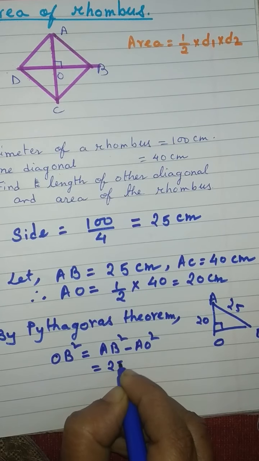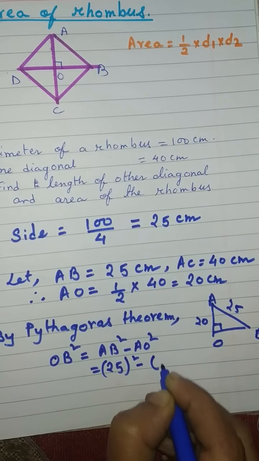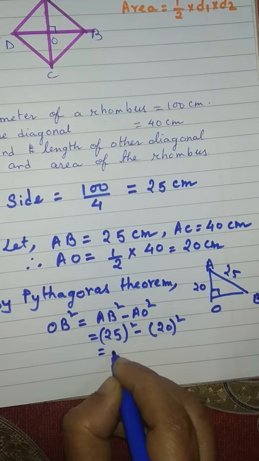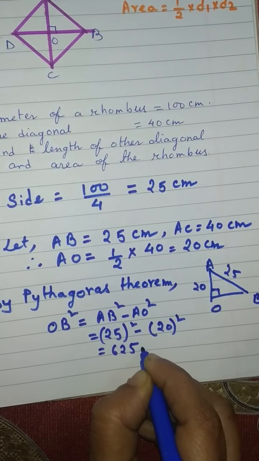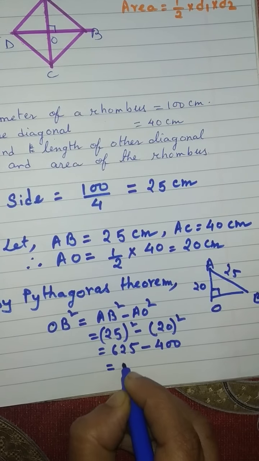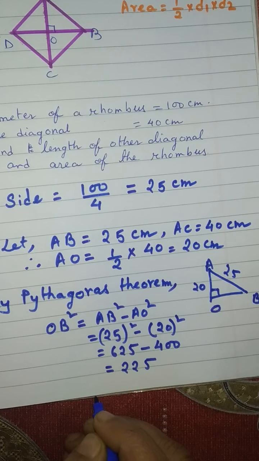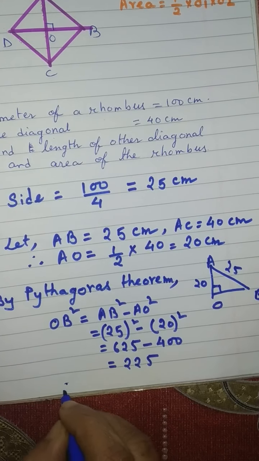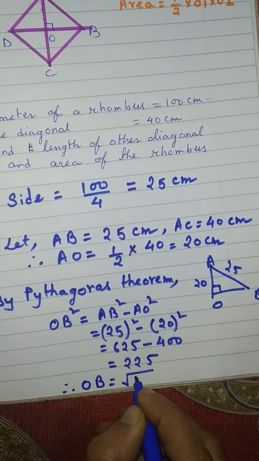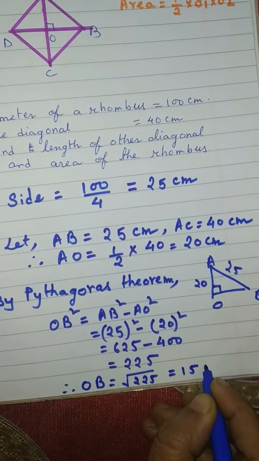AB is 25 square minus 20 square. 25 square is equal to 625 minus 400, that is equal to 225. Therefore, OB is equal to under root of 225, which is equal to 15 centimeter.